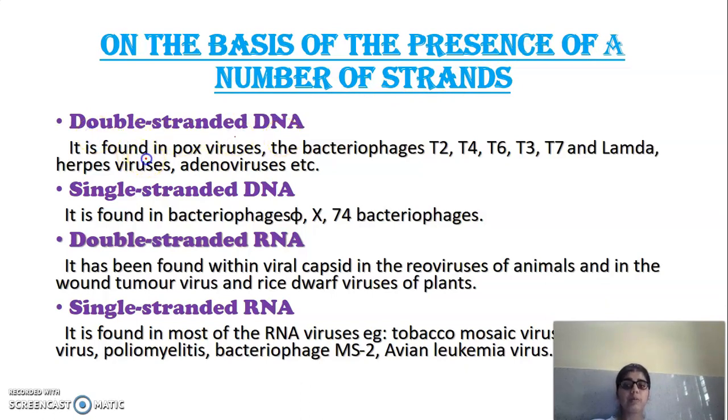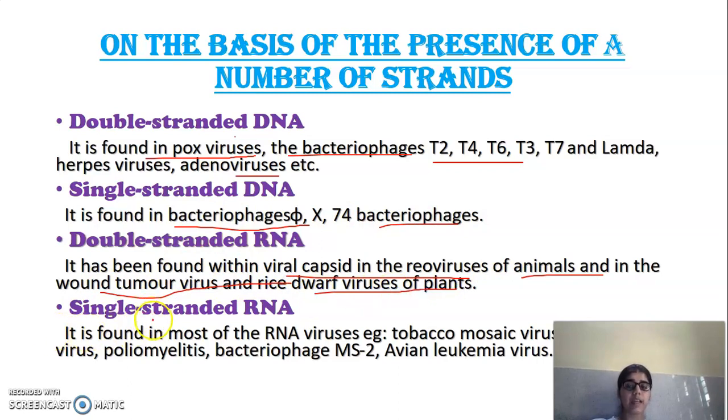This is found in pox viruses, the bacteriophages T2, T4, T6, T3, T7, and lambda, herpes viruses or adenoviruses. Single-stranded DNA viruses are found in bacteriophage X and 74 bacteriophage. Double-stranded RNA is found within the viral capsids in the retroviruses of animals and in the wound tumor viruses and rice dwarf viruses of plants.